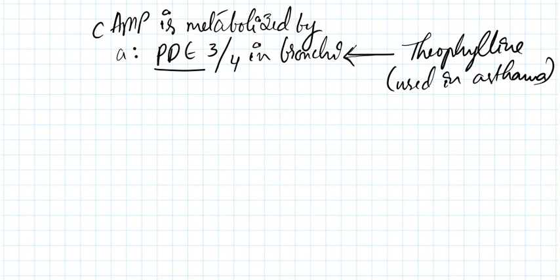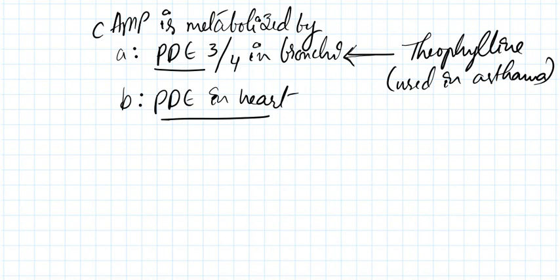Okay, you got this. Now what about phosphodiesterase in heart? PDE is also present in heart. This phosphodiesterase in heart is inhibited by milrinone.